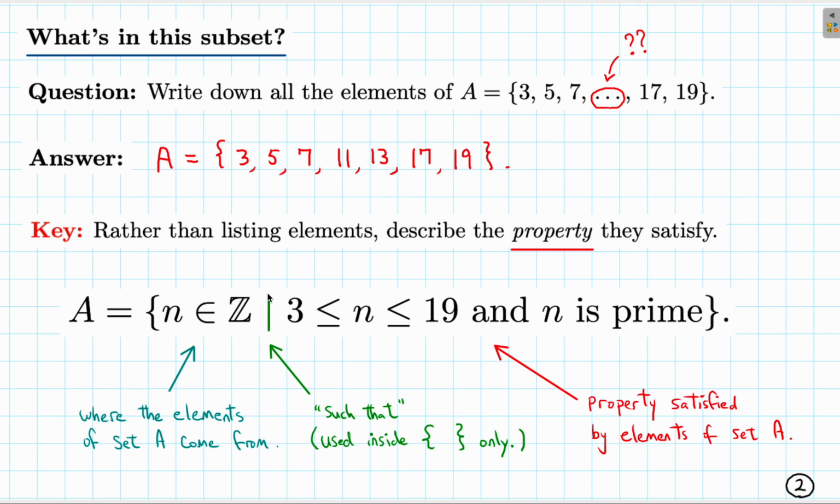But within the set notation, this is the standard way to do it. And then we write down the property that's satisfied by the elements of our set. And so this is the full description of our subset A. And again, much more precise than using notation like dot, dot, dot.